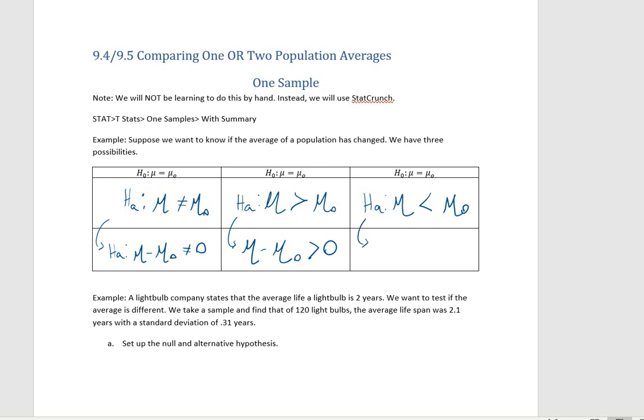And for this one, that's the same thing as saying that mu minus mu naught is less than 0. The reason it's important to know how to write these in the different ways is because depending on what software you're using, it might be set up so that your alternative hypothesis is formed this way or this way.